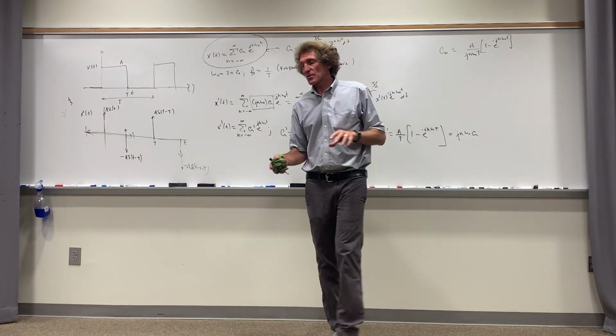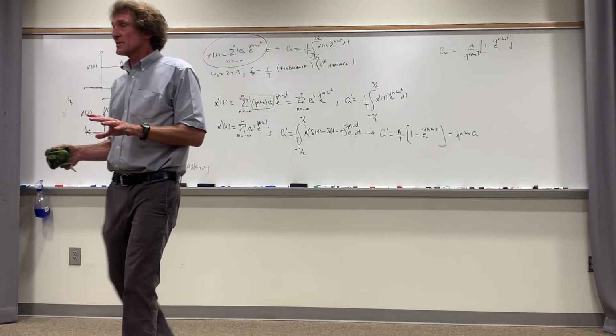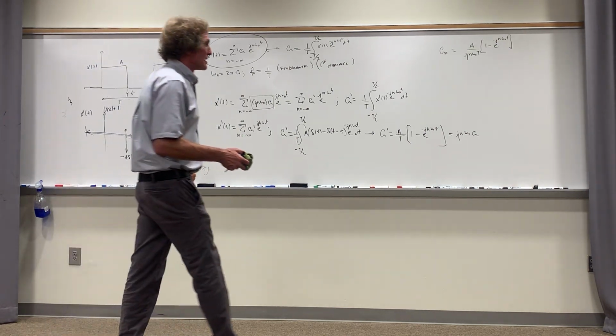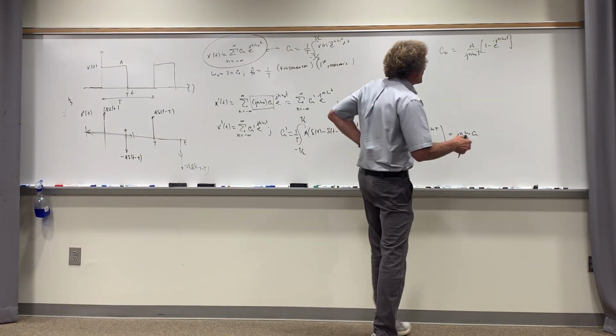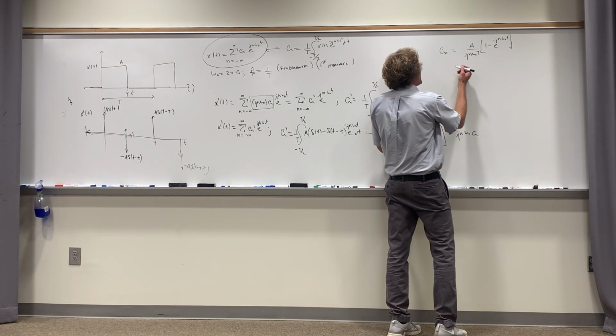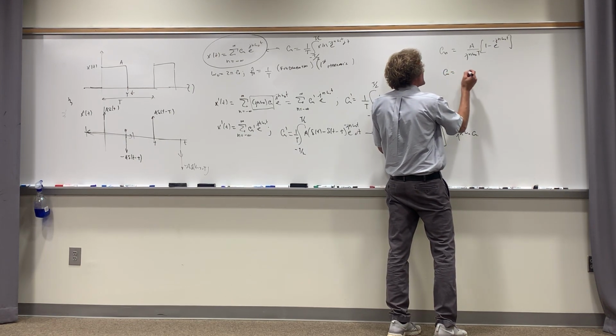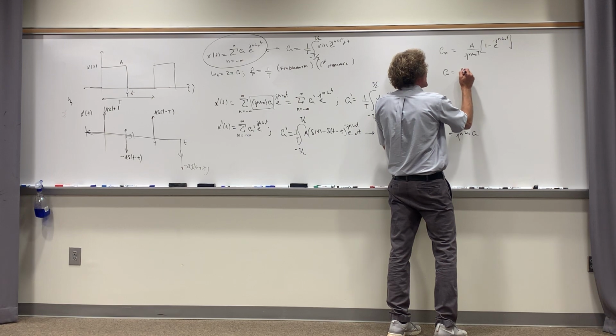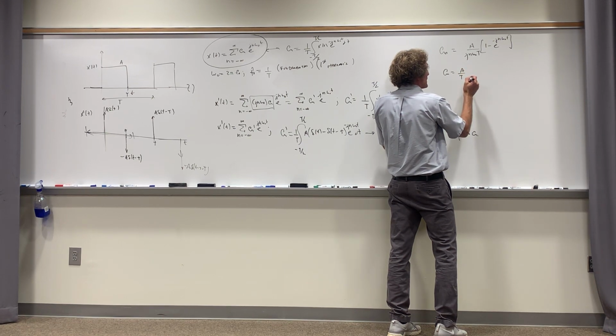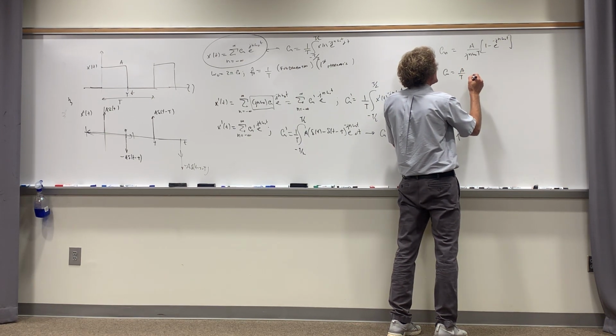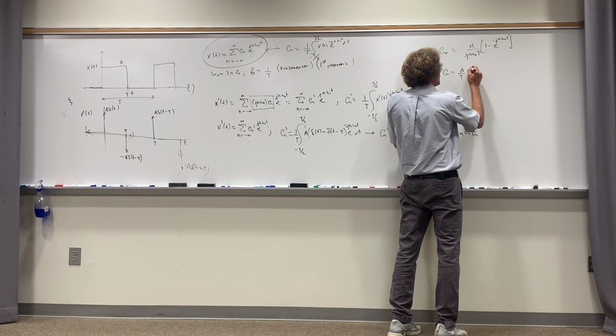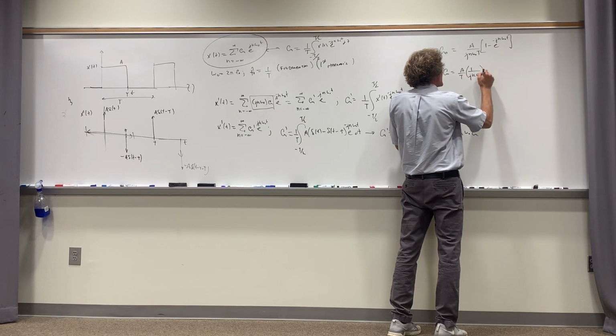Usually what we like to do is turn these functions into things we understand. And for this case, it's a neat one. If you look here carefully, I can say that C of n is really equal to, I'm going to put A over T out in front, all right? And then I see I have 1 over j n omega naught right there by itself.